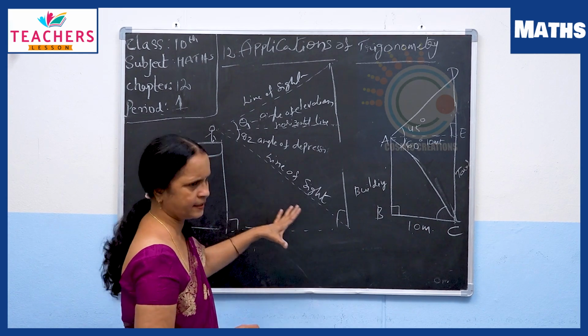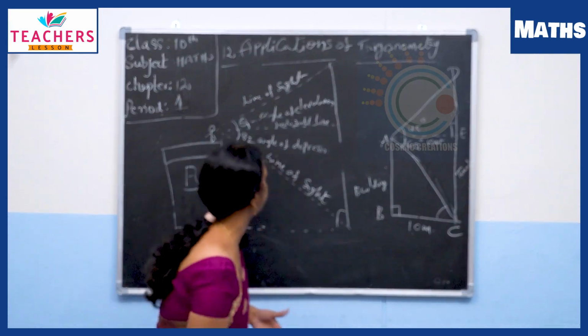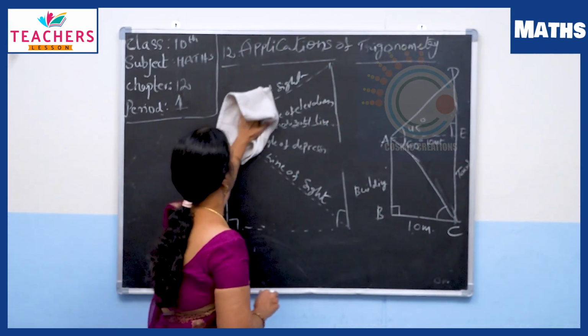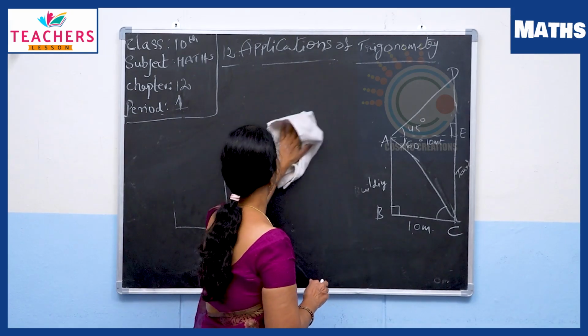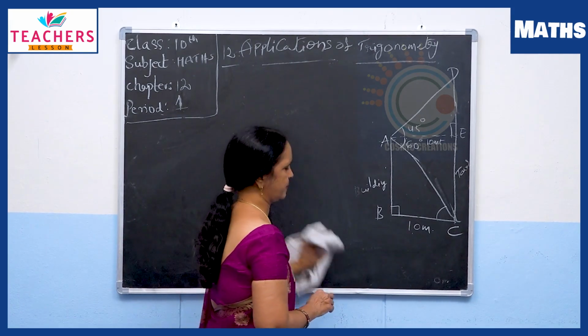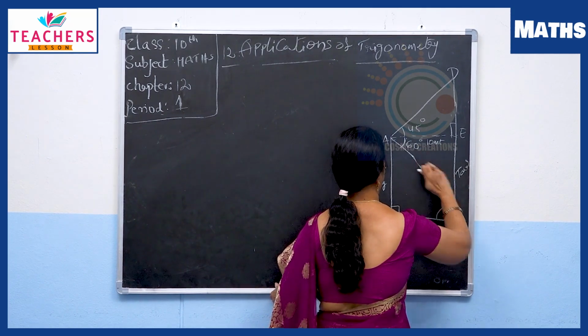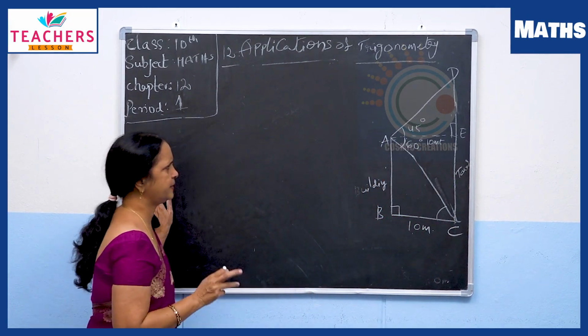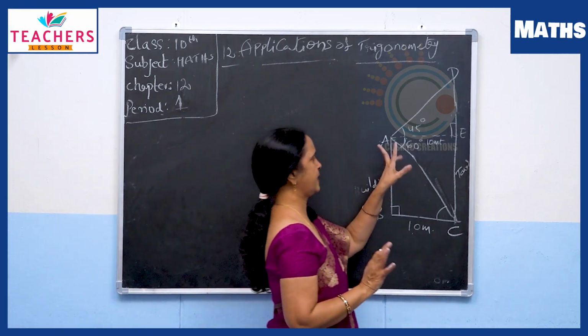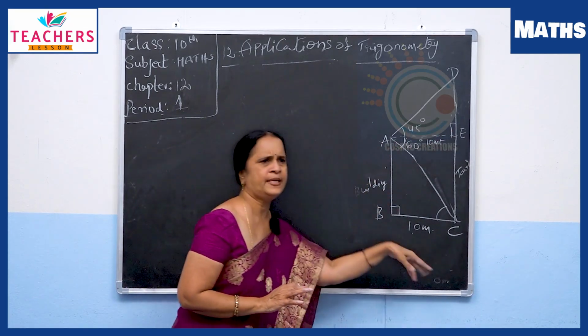We have written all those things, so let me erase the extra lines. How many triangles are there? Two right angle triangles are there, AED and ABC.